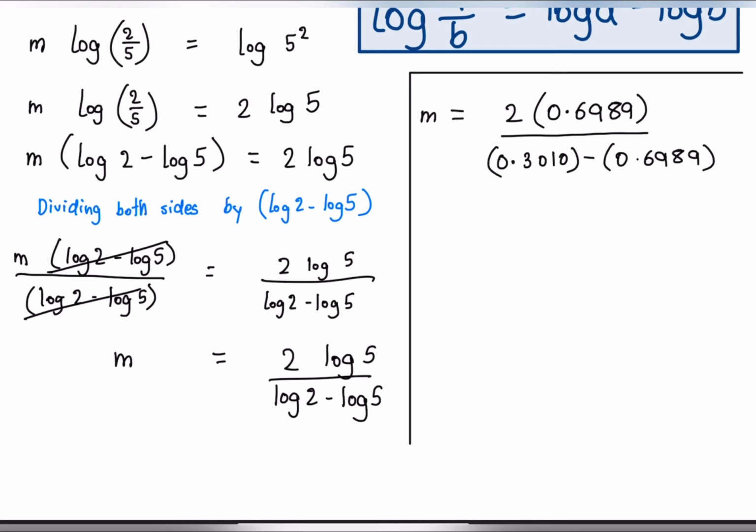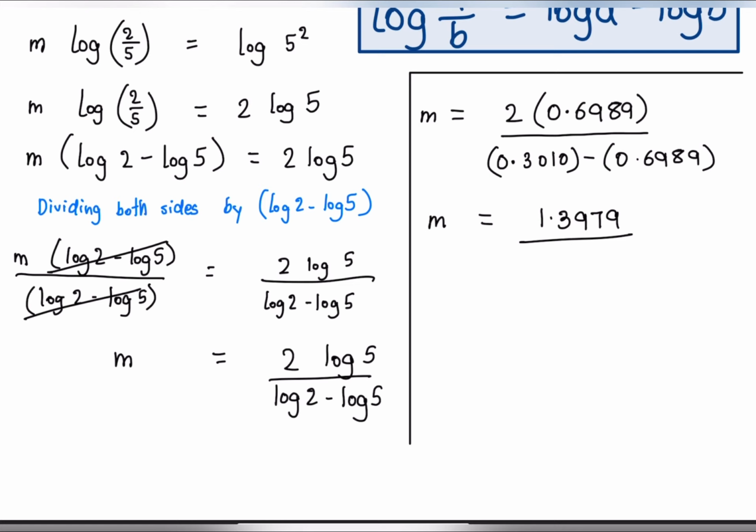So if you multiply log 5 by 2, then you get 1.3979. Now, this numerical part isn't entirely necessary. You could leave your answer at m is equal to 2 log 5 divided by log 2 minus log 5, but I'm going to do this just for your further understanding.